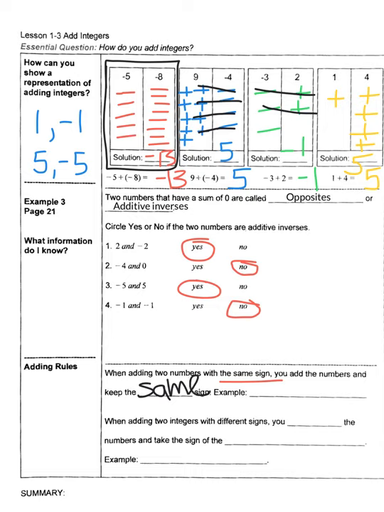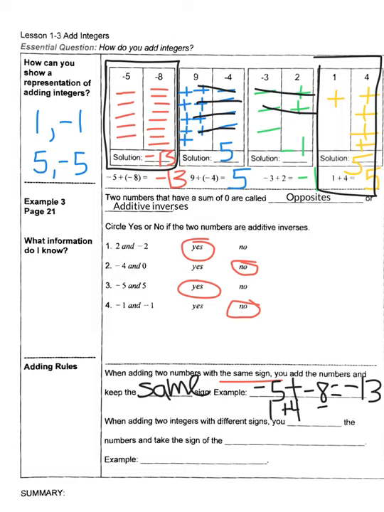So our example at the top was the negative 5 and the negative 8. It's going to be a negative answer because they're both negative, and we just add 5 and 8 and we get 13. Let's also look at one that we've known since our early days in school. If we have a positive 1 and a positive 4, those are both positive, so my answer is going to be positive and we just add them together.